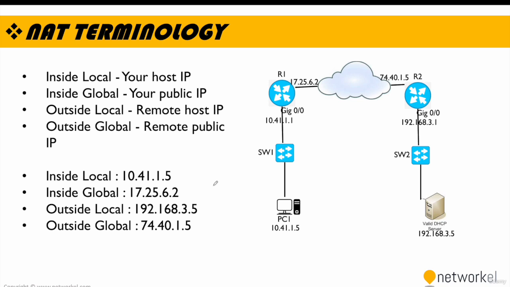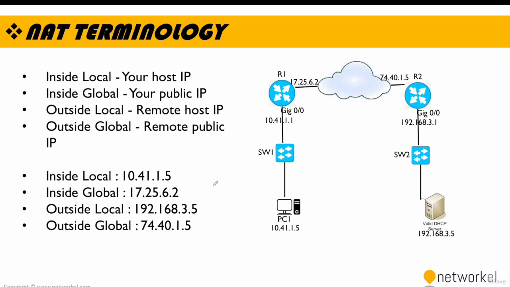We have the inside global. This is the public IP that is assigned to a device when it is translated for external communication. So that is your public IP. We have the outside local term, which is the IP address of an external device as it appears to the local network.